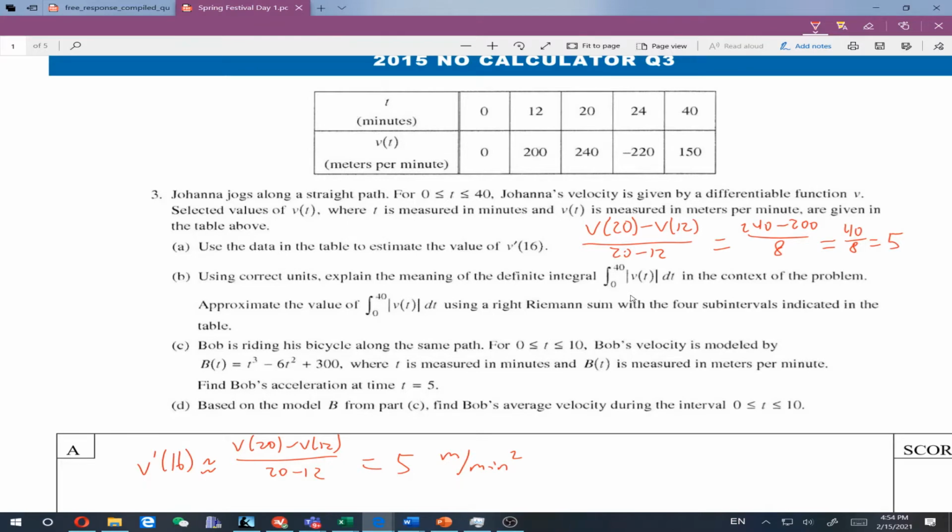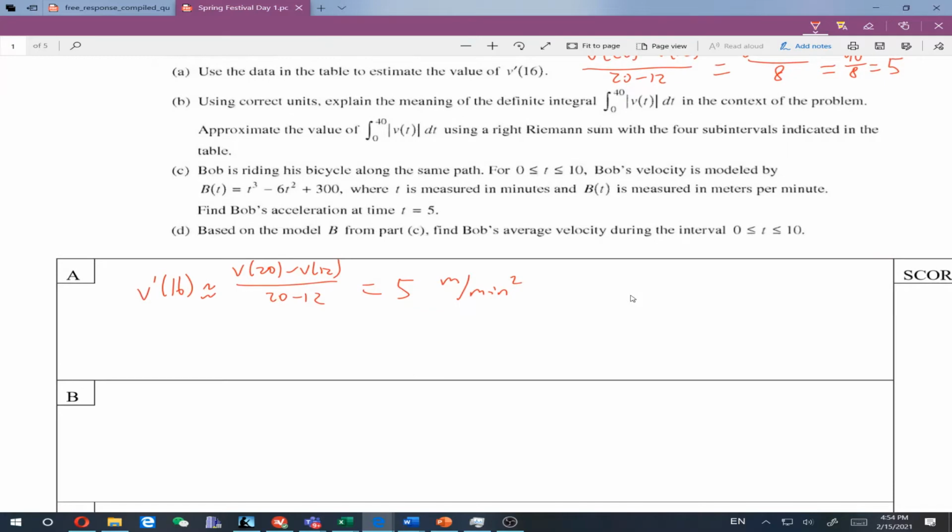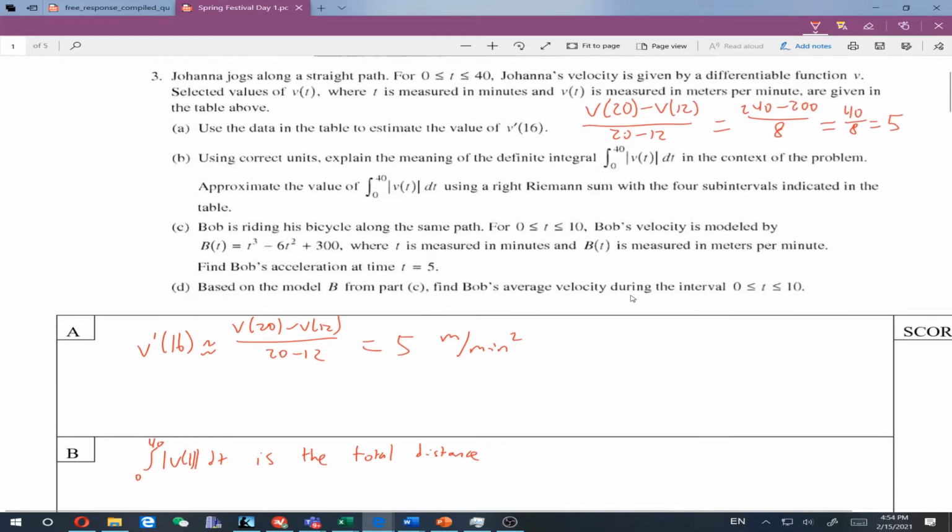Total distance traveled, and you're right, it would be in meters. So the integral from 0 to 40 of the absolute value of v(t) dt is the total distance Joanna jogged from t equals 0 to t equals 40, in meters.